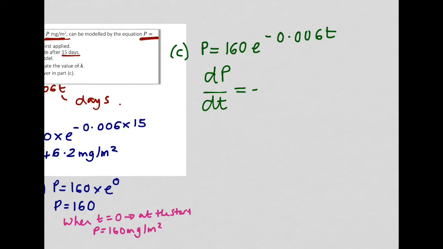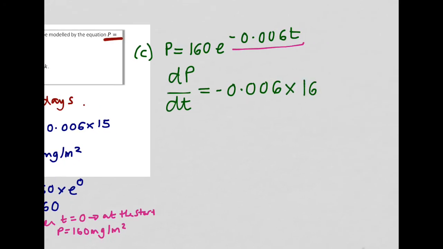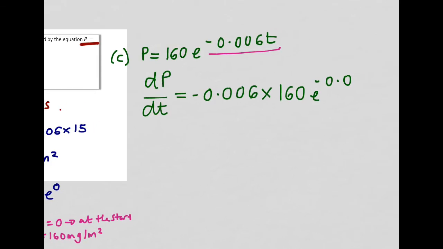Hopefully you remember it would be negative 0.006, which is the differential of the exponent, multiplied by 160 e to the negative 0.006t.